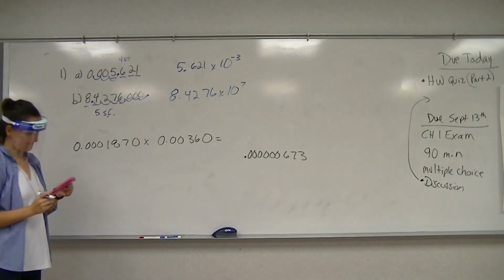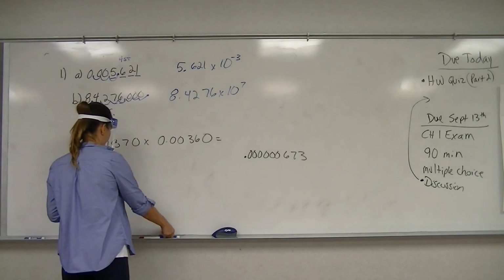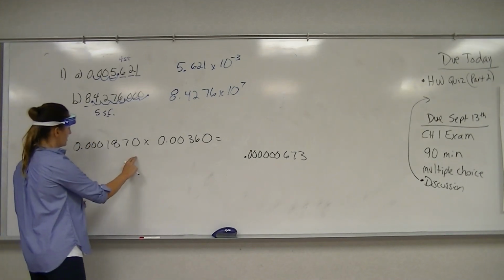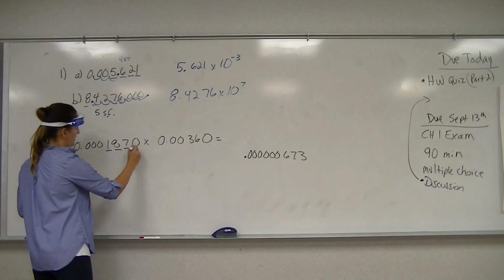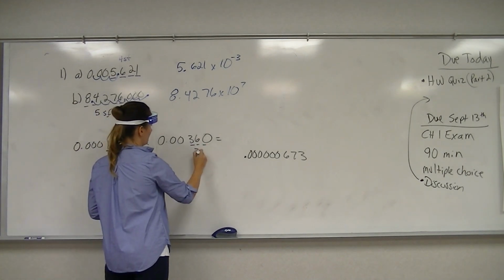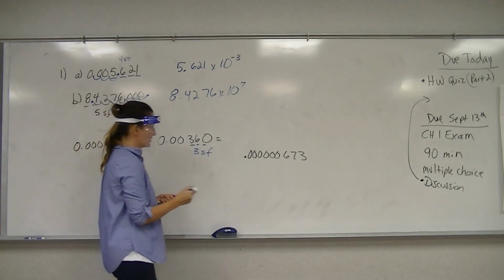That's what my calculator gave me. But let's count sig figs. Make sure we have the correct amount first. So this original number, 4. This one, 3. So we want 3 in our answer.